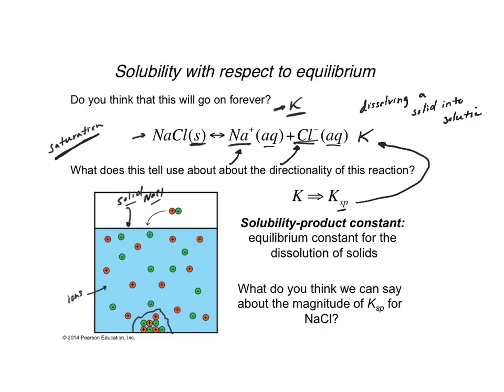You think there probably are going to be a lot, because sodium chloride is fairly soluble, right? And so because of that, there's going to be a lot of products at equilibrium. The K for this would be probably fairly large, right? So for very soluble salts, our K, or our KSP, is going to be fairly large because, again, there's going to be lots and lots of products at equilibrium.